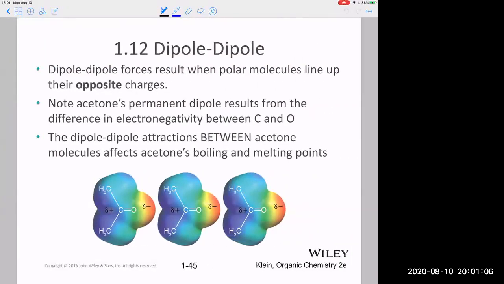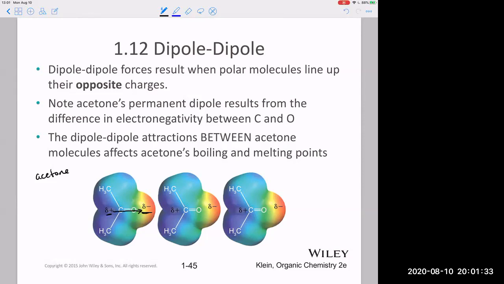All right, so let's look at dipole-dipole. This is a good example of a dipole-dipole interaction that is not a hydrogen bond. This is actually acetone. We have this carbon-oxygen double bond that's polar. There's a partial negative charge on the oxygen and a partial positive charge on that carbon. So this molecule has a dipole moment running right up the middle of it.